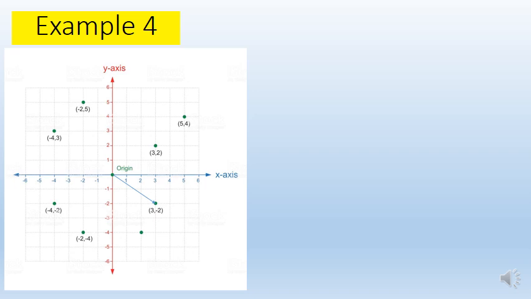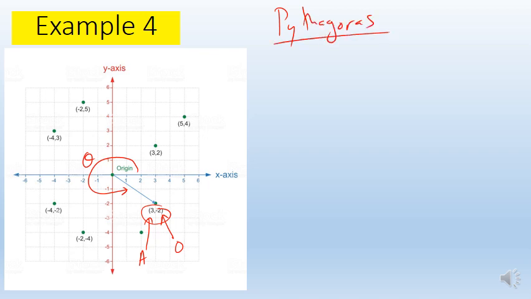Let's look at theta in the fourth quadrant. The point here is 3, minus 2. So it tells me that the adjacent side is positive 3 and the opposite side is minus 2. Pythagoras again. Write neatly. The hypotenuse squared is just the sum of the other two sides squared.